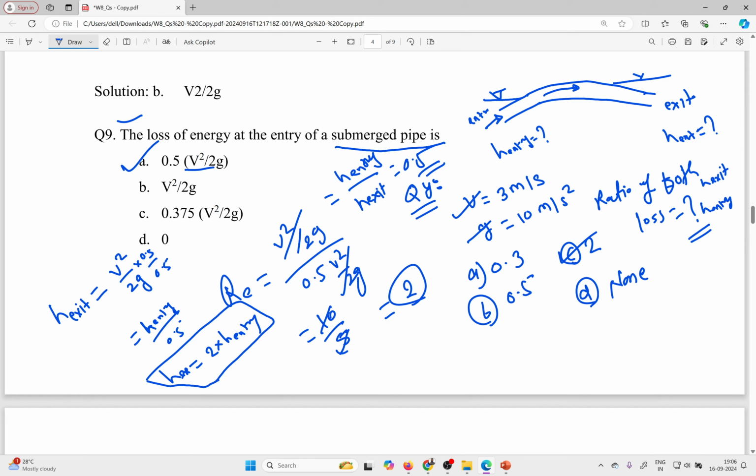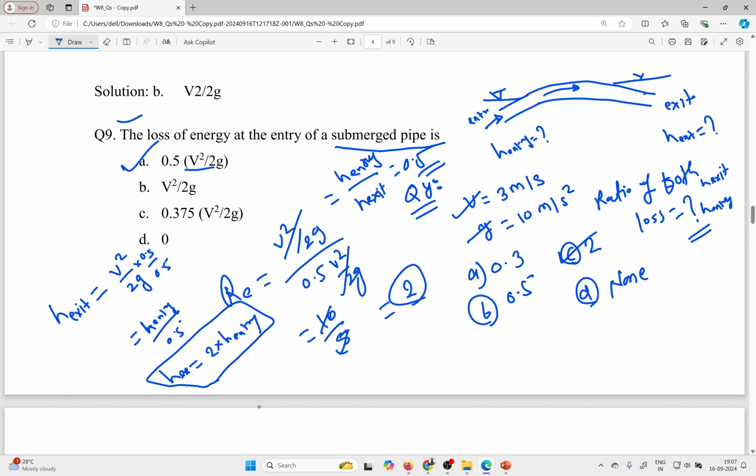That is your H exit. The loss at the exit point is much more, that is 2 times more than your entry. Remember please, 2 times, in the case of a submerged pipe we are talking about. 2 times of your entry.